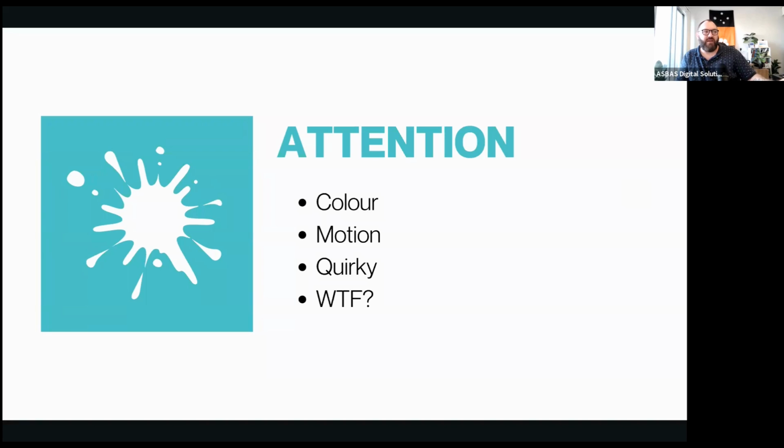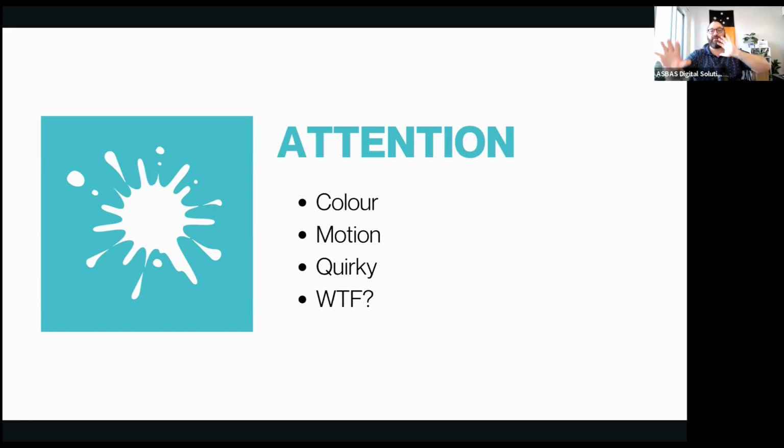But color, motion and faces are all things that get attention. We're getting more used to seeing a lot of talking heads on social media these days, so we tend to ignore those a bit more. But if we're looking at the kinds of things that get people's attention to what you're trying to advertise, motion and color are key, and even for colorblind people, it's just contrast.